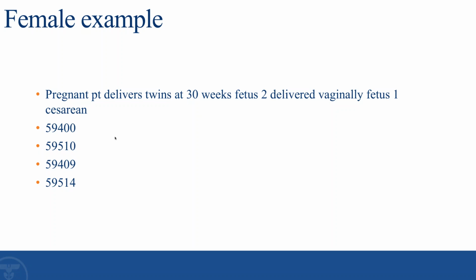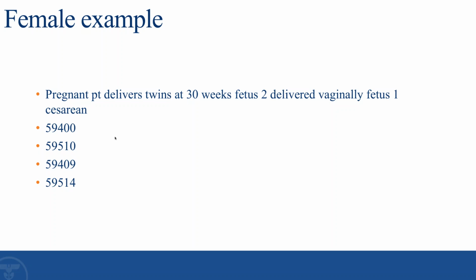It is. So you have to think about, remember, cesarean is more extensive than a vaginal delivery. They consider it a complication, actually. Right. And that happens. One can be delivered cesarean, one can be delivered vaginally, 2 can be delivered vaginally, 2 can be delivered cesarean. So I like to use the twins because it's easy. If I just say one child, you're going to know where to go.